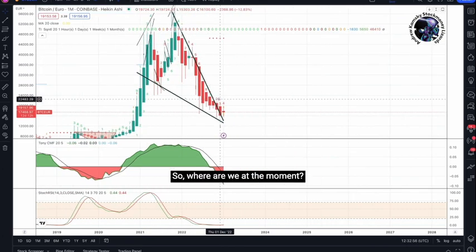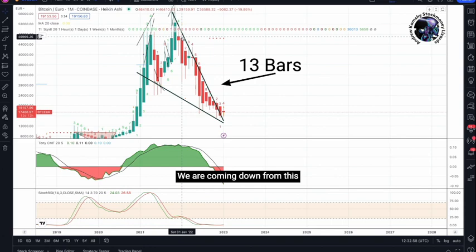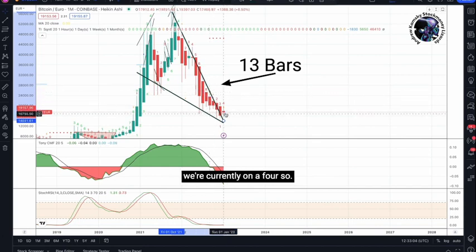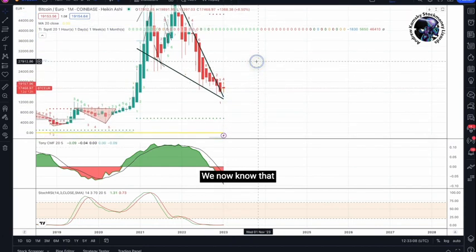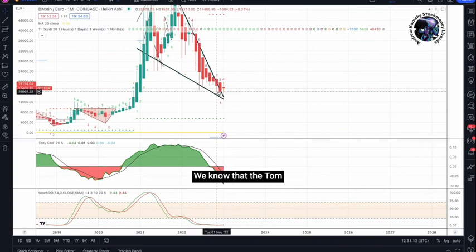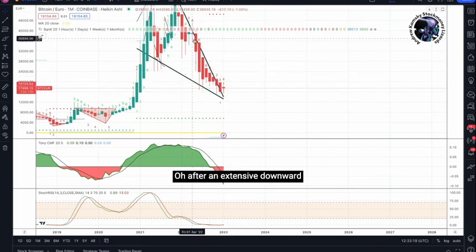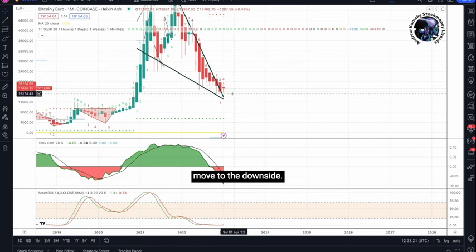So where are we at the moment? We are coming down from this level of 1 to the 9, and we're currently on a 4. So we now know that the RSI is at a low. We know that the Tom DeMark indicator is on a 4 after an extensive downward move to the downside.